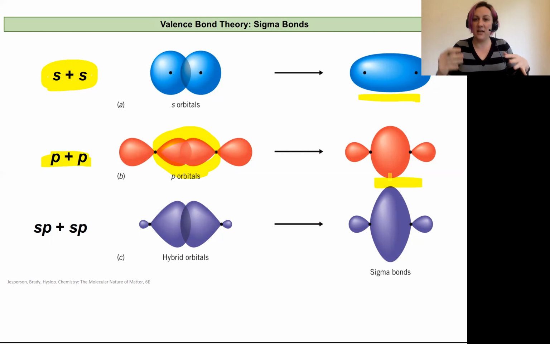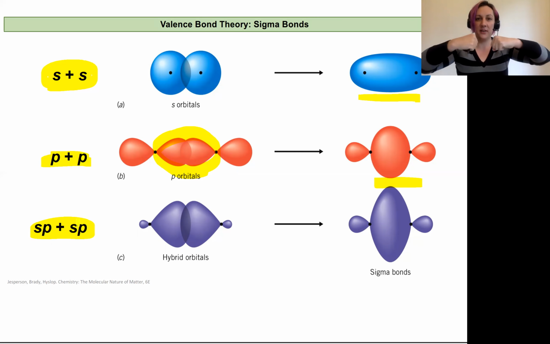When you bring them together, they would have more electron density in the middle of the two nodes of the two p orbitals. And then we can also think about this for hybridized orbitals. So here are two sp hybridized orbitals, but it could be sp2 or sp3. It's just saying two of our hybridized orbitals are coming together.